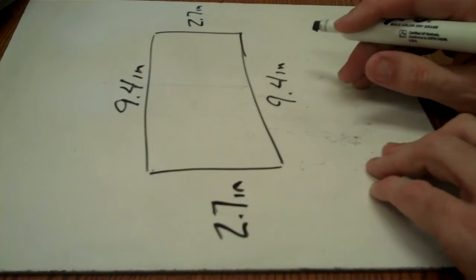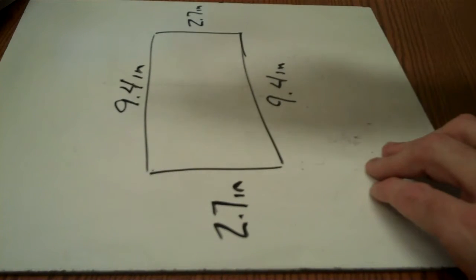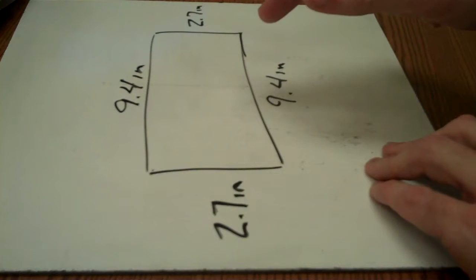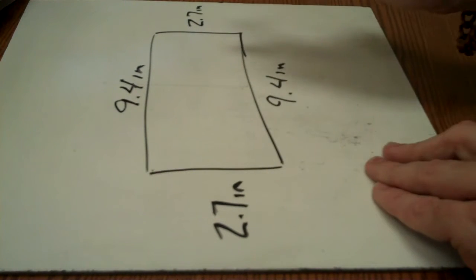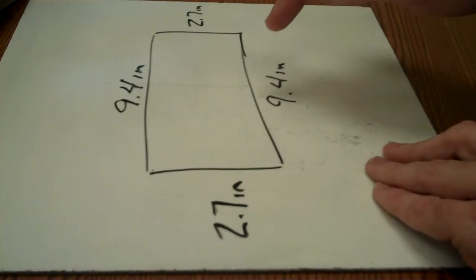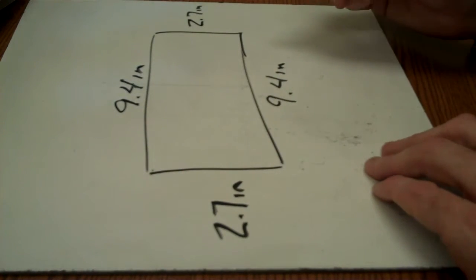And again, you have options. You can just line all these up. Remember, whenever you're adding up decimals, you line up the decimals. Or you can do 2.7 times 2 and then 9.4 times 2 and then add those 2 answers together. And I think that's the way that I'll do it.